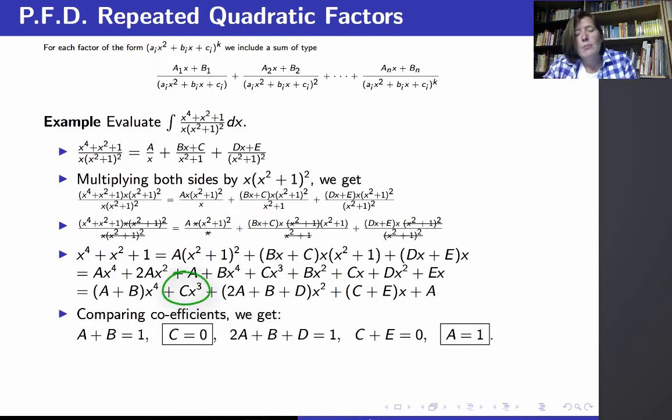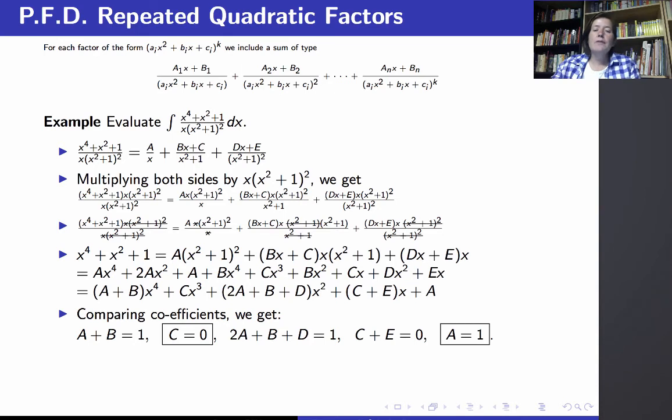And likewise, comparing the coefficients of x cubed, we get c equals 0. Comparing the coefficients of x squared, we get 1 on the left and 2a plus b plus d on the right. And comparing the coefficients of x, we get 0 on the left and c plus e on the right. And comparing the constant term, we get a equals 1.